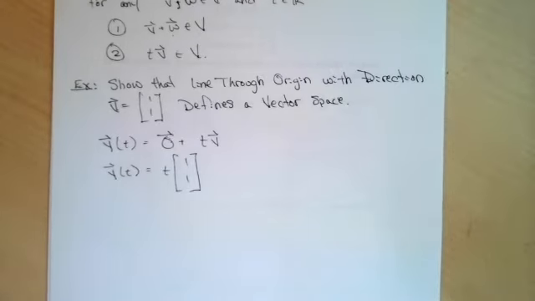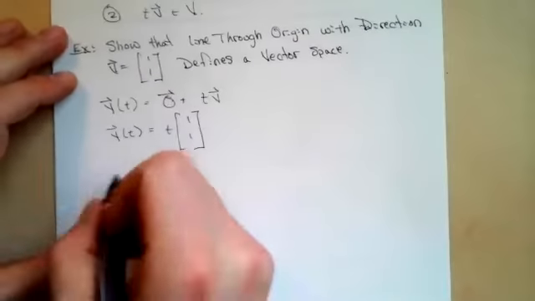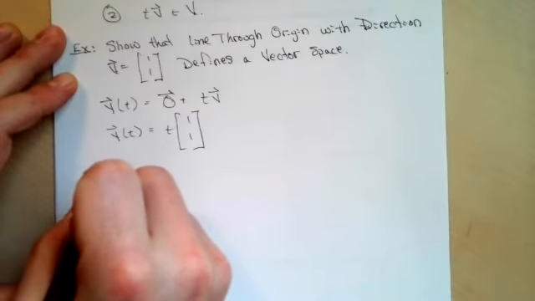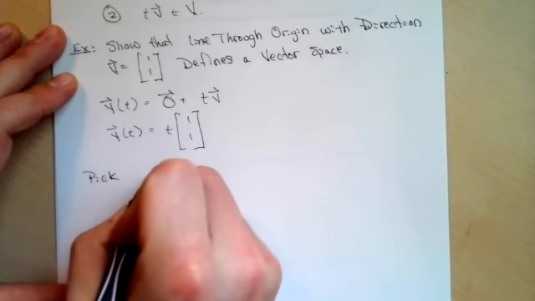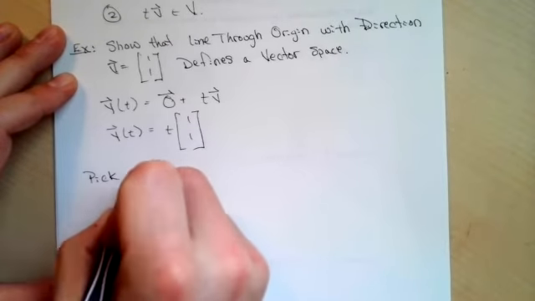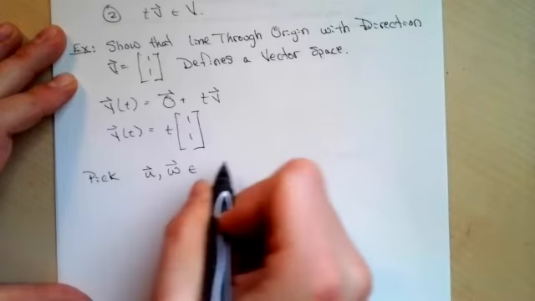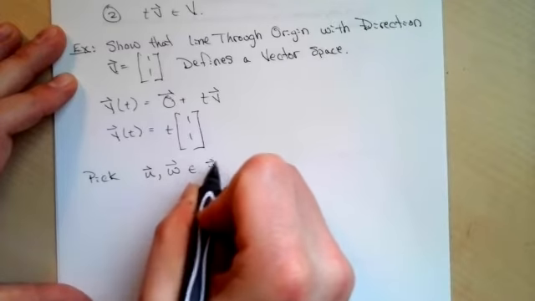So quick proof of this. Let's pick different letters. Let's say U and W on our line y of t.